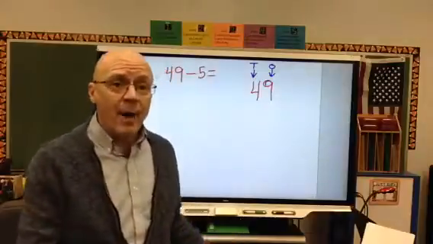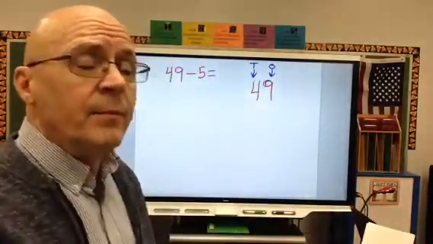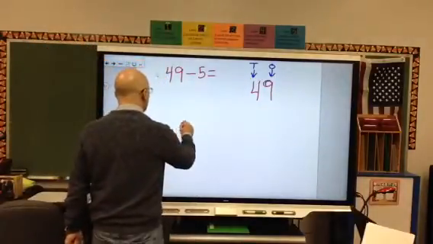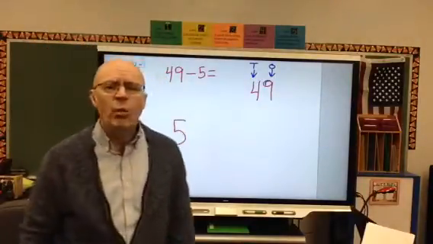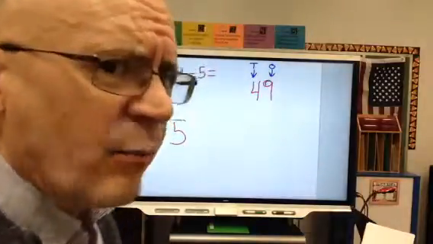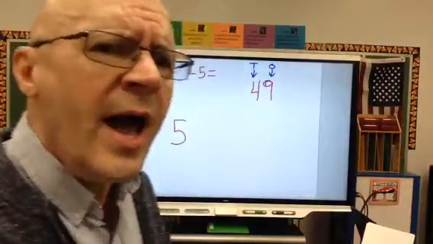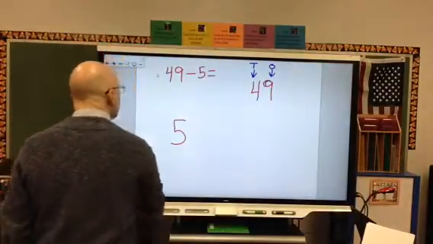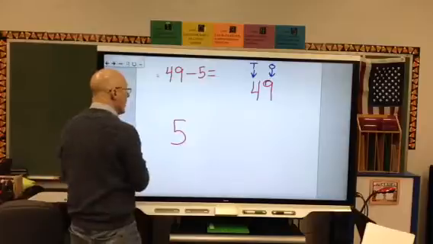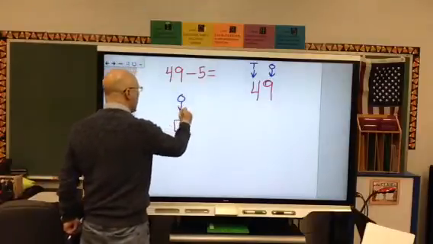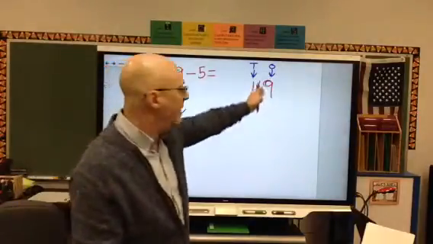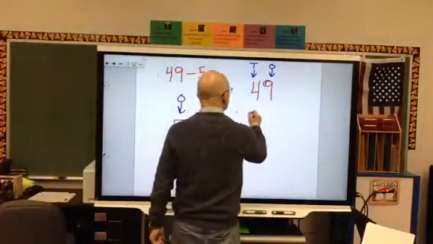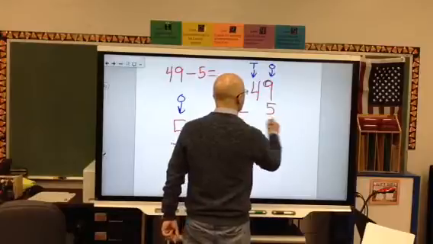So I've got to line my problem up with the ones in the ones column and the tens in the tens column. Now we're talking about the number 5, and we need to know what place value. I got 5 what? 5 ones, 5 tens, 5 hundreds? We would go ones, right? Ones right here. So I've got to line that up with the ones in my first number. So I'm going to subtract 5.